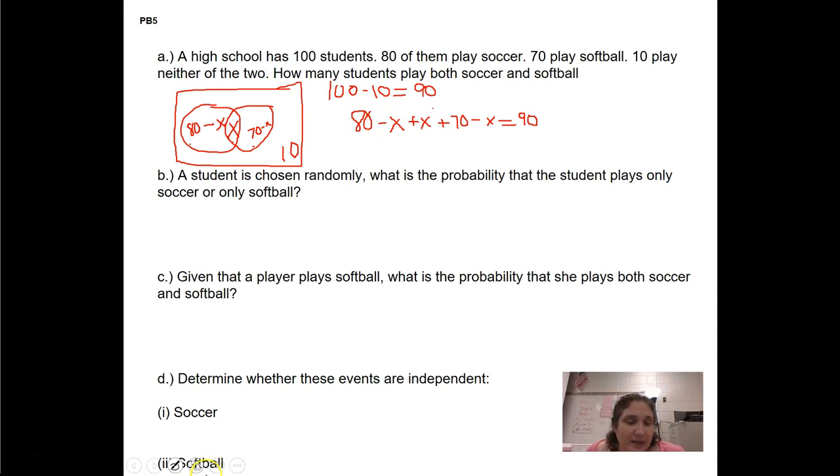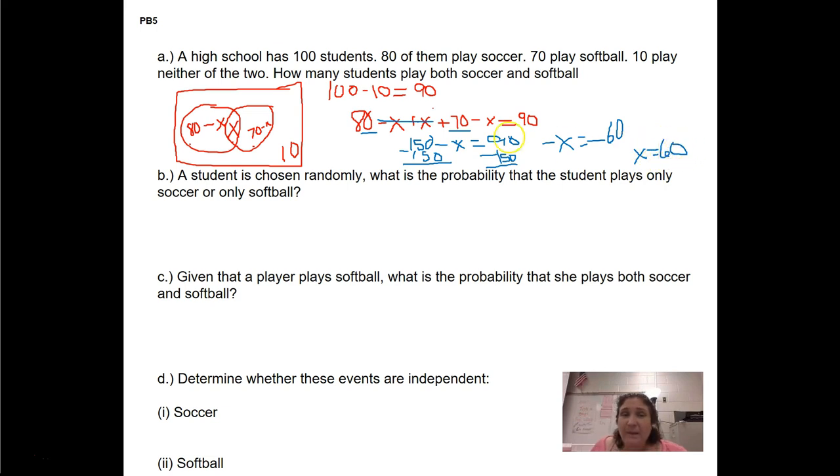The negative X plus X is 0. 80 plus 70 is 150, minus X equals 90. I'm going to subtract 150 from both sides, which gives me negative X equals negative 60. So we divide both sides by negative 1 and get X equals 60.